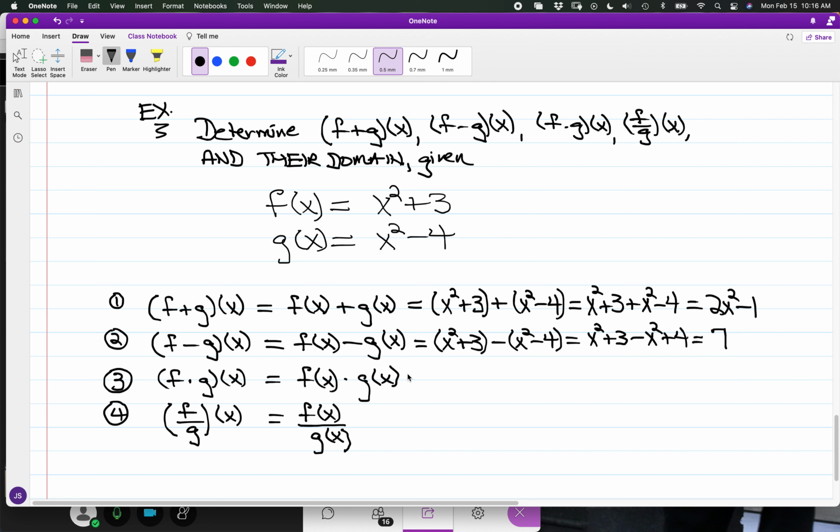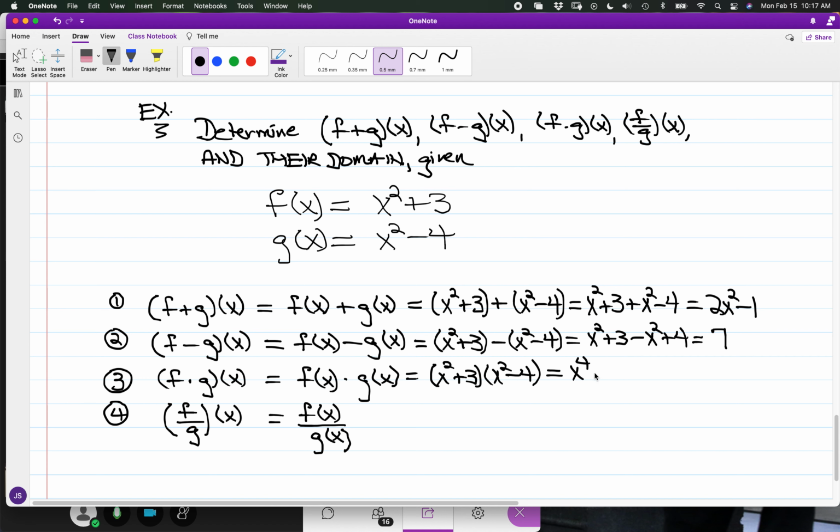For the product function, f of x times g of x, I have the quantity x squared plus 3 and x squared minus 4. Here we have x squared times x squared, so this will be x to the 4th.